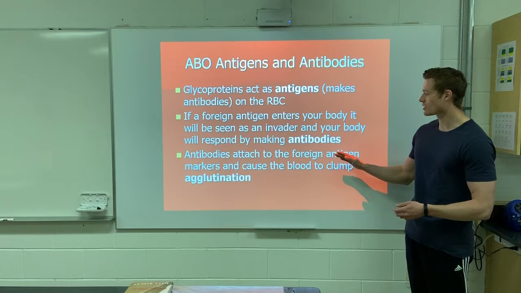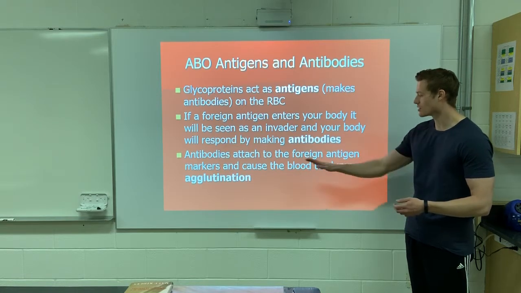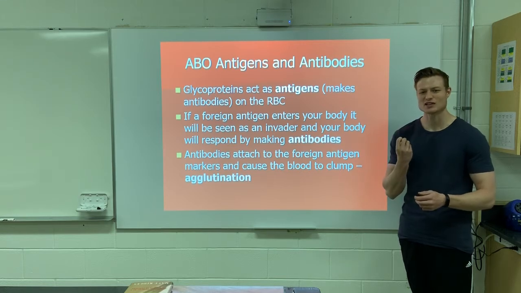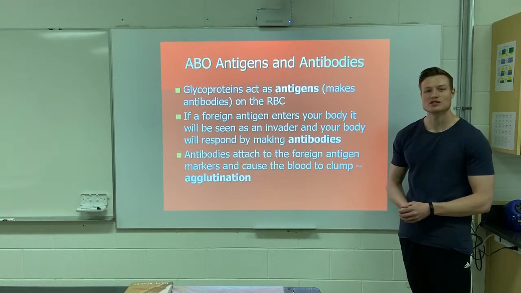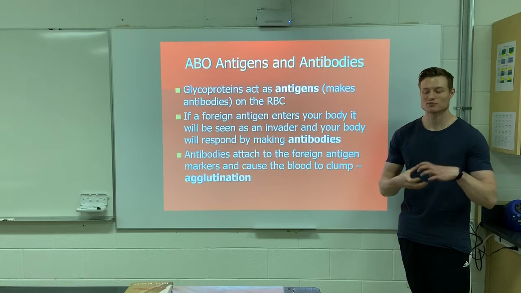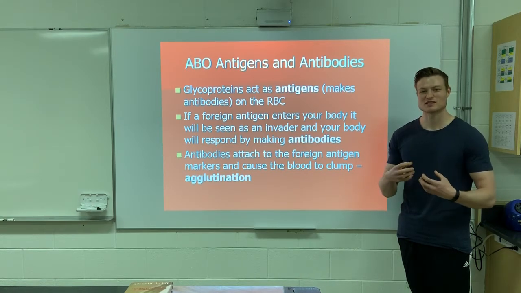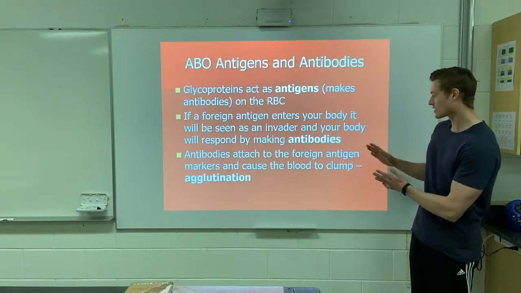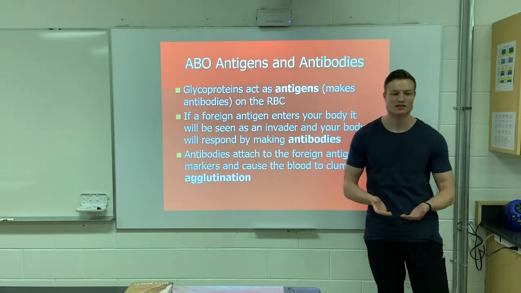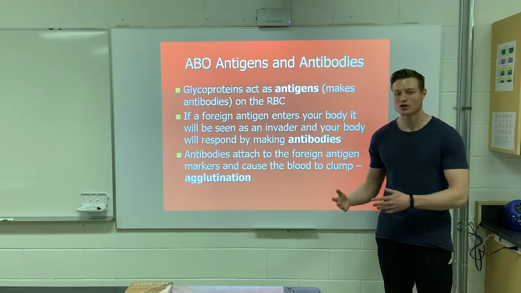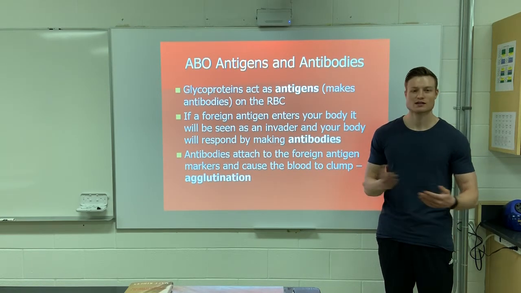So if you're given blood with foreign antigens, what happens is your blood will actually start to clump together. It gets like sticky and gluey, and we call that agglutination. So you remember agglutination because it's like if you mix blood with a bunch of glue and it starts to clump and stick together. Obviously, it's a very, very bad thing because if blood is clumping and sticking together, you get blockages in arteries, in veins, blood isn't flowing properly, damage to organs, the list goes on.